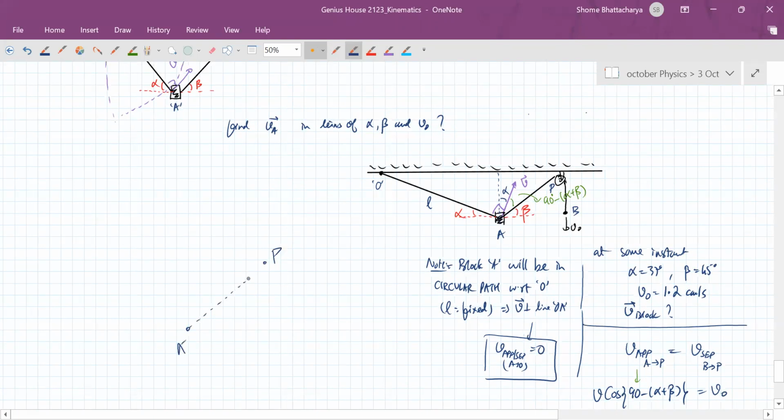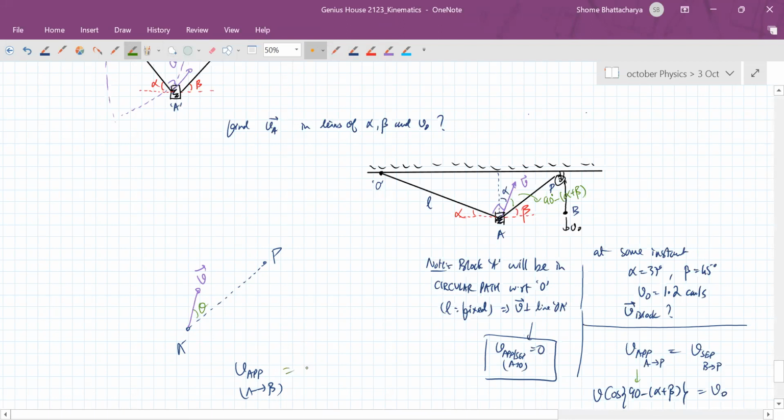That is the line along which the thread is present. We want the approach velocity of A towards the point P. Compared to this line AP, the velocity of the point is lying like this, a vector like this. So this angle becomes important. Let's say this angle is some theta.